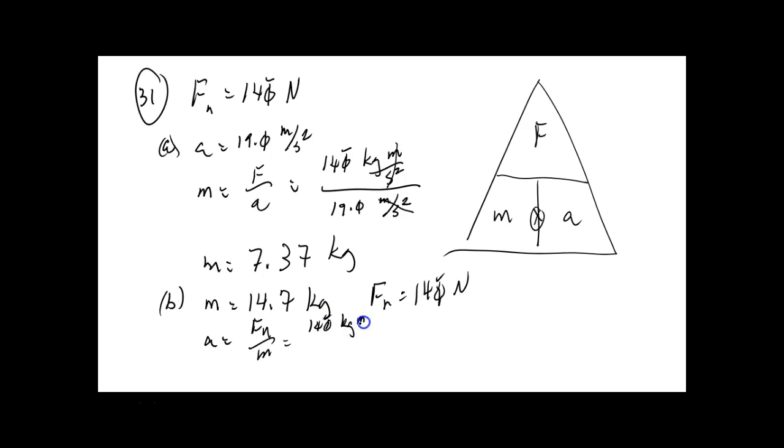Kilogram meter per second squared, divided by 14.7 kilograms. I can't write, but that's supposed to be a kilogram. Notice here the kilograms cancel out, leaving you meters per second squared, which is a great unit for acceleration. Okay? And punch it in the calculator, see what you get.